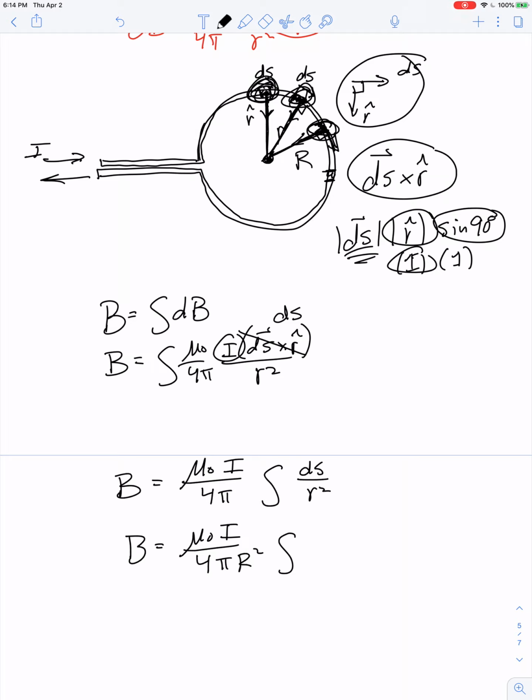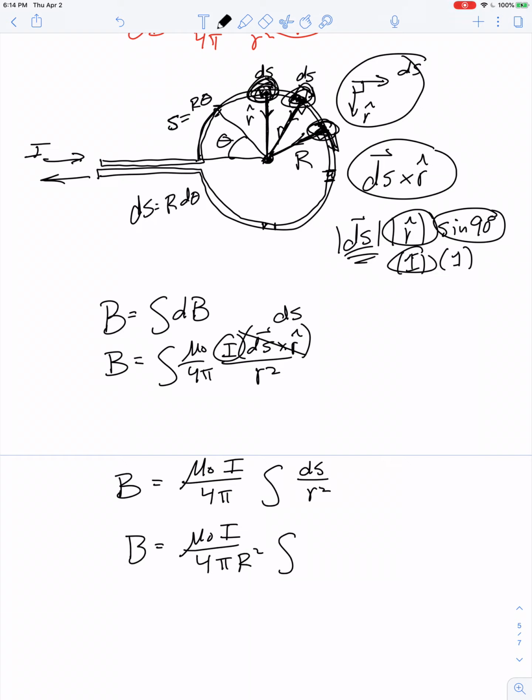Now, as we work our way around any circle, the arc length is equal to the product of r and theta, right? S equals r theta. So ds is equal to r d theta.